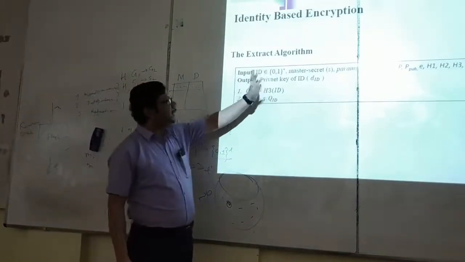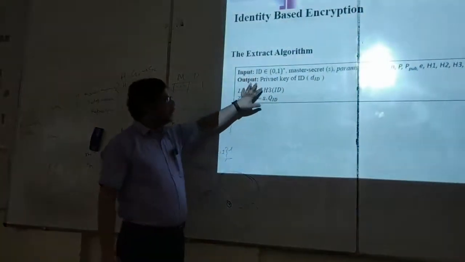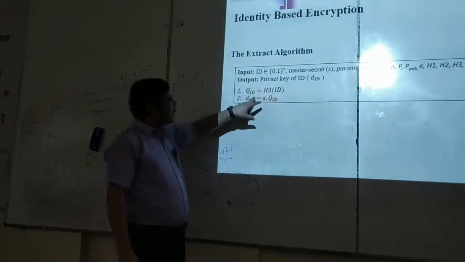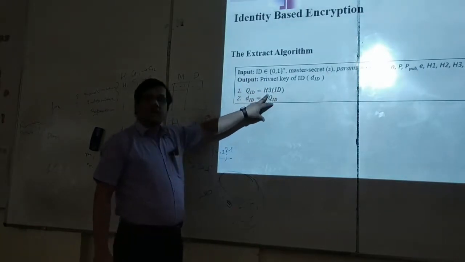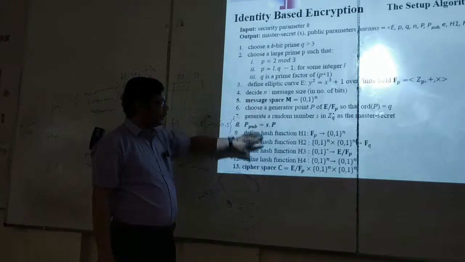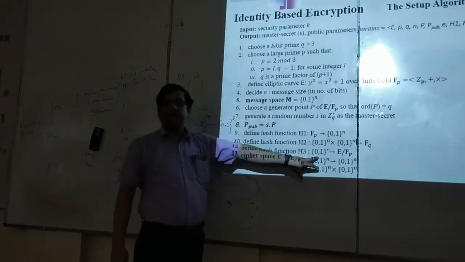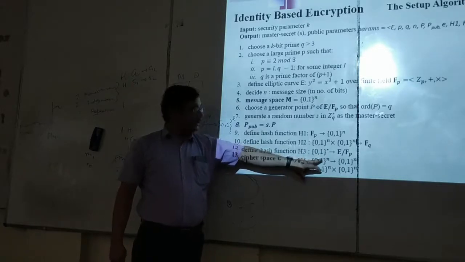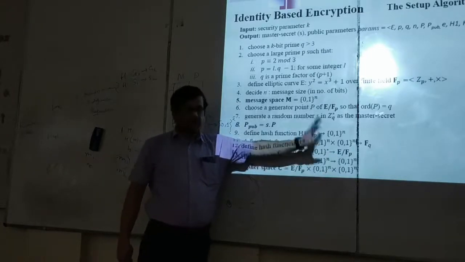ID is any arbitrary string, and the output is the private key. First, H3, you see, takes an arbitrary string of any length as input and produces one point on the elliptic curve.